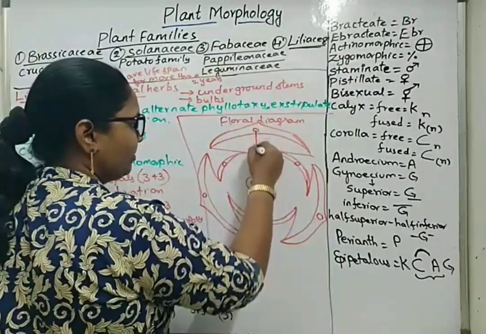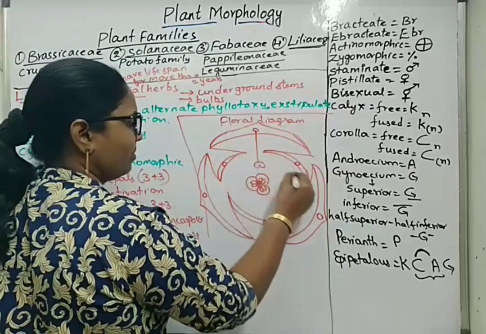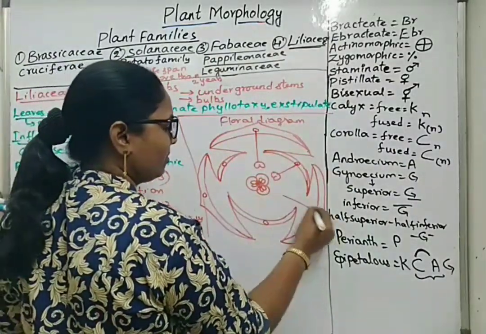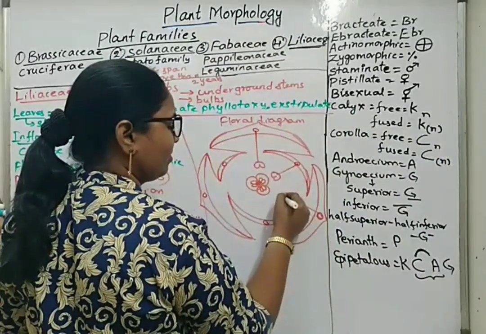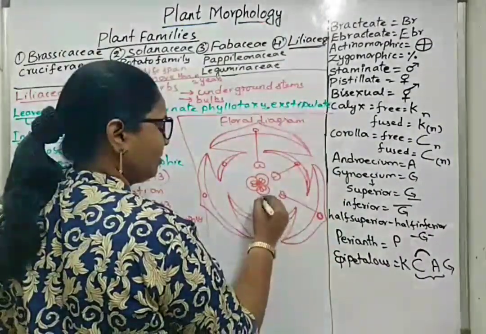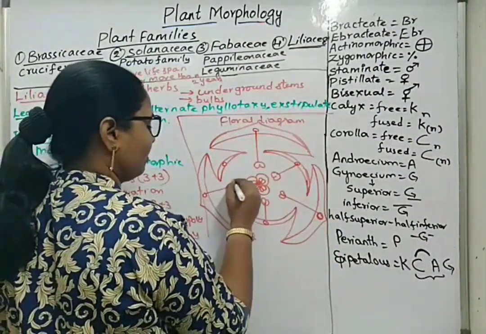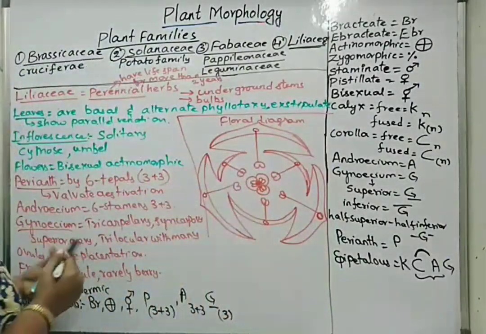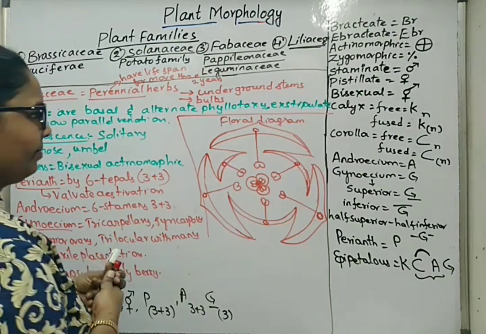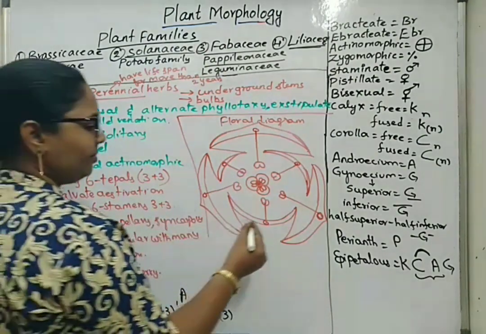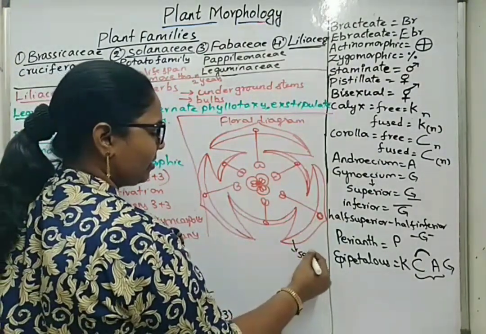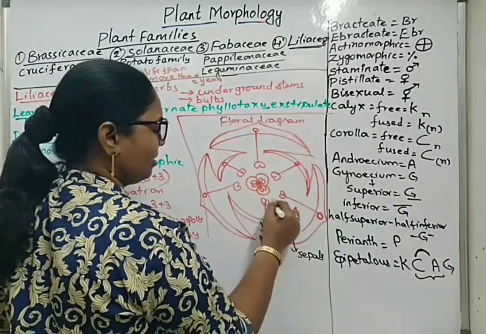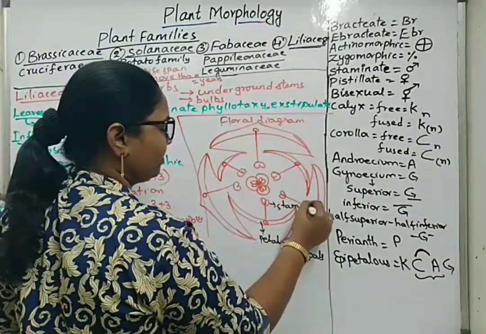Here these are sepals, petals, stamens in 2 whorls.